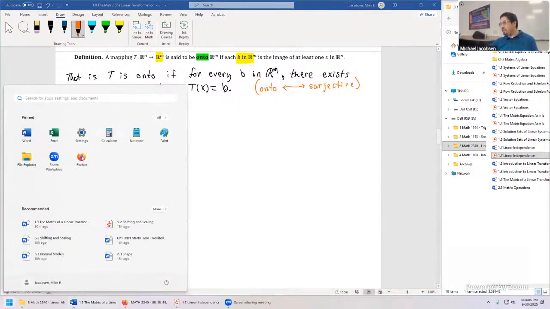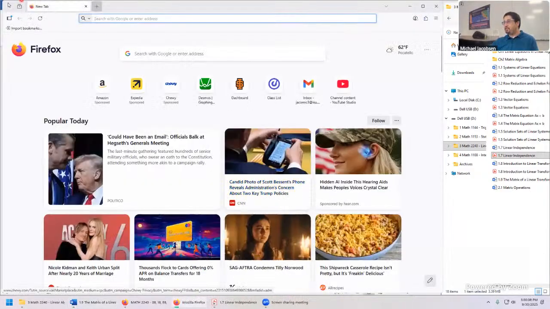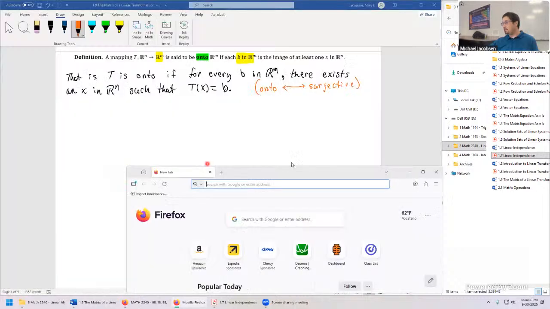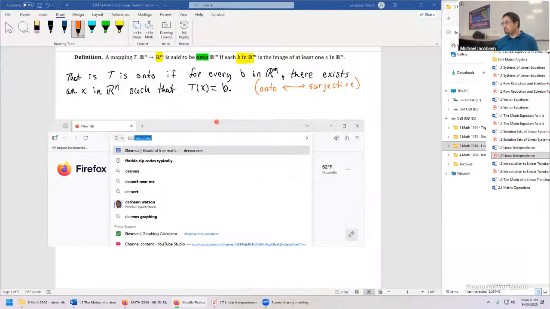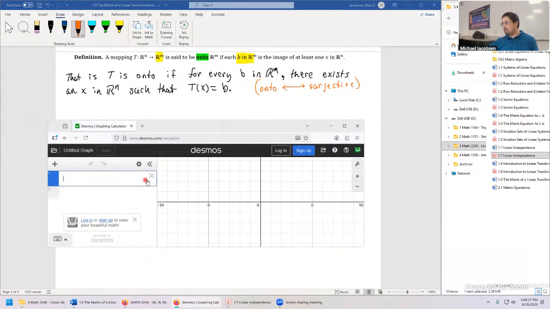So let's do the rare thing of just plotting a couple functions to get a feel for this. First thing I want to plot is something that is not onto. So if we write y equals, how about T, just to make it seem familiar? Let's go T of x equals x squared.